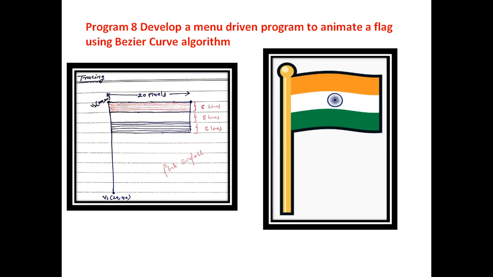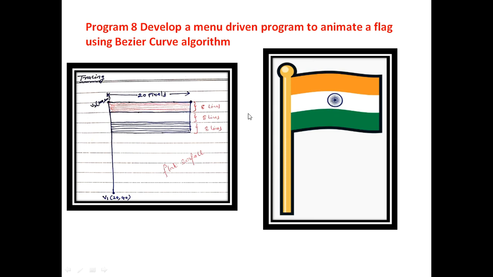First we want to create one flag with a flat surface. The flag in our lab program does not contain the Ashoka Chakra, though in the second diagram there is an Ashoka Chakra in the middle of the flag.